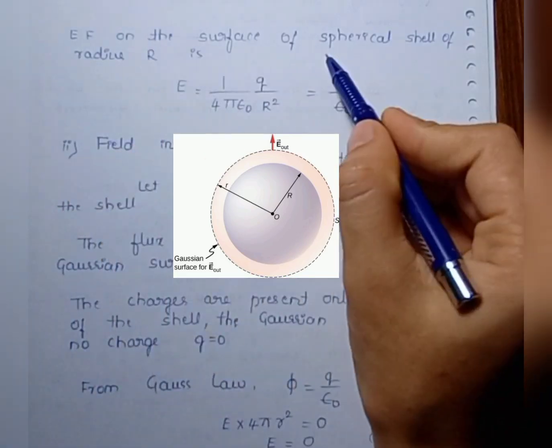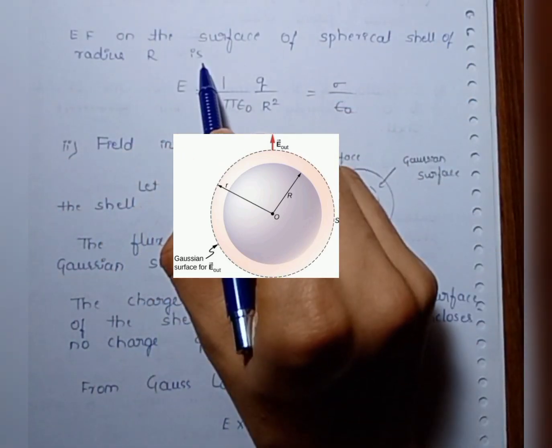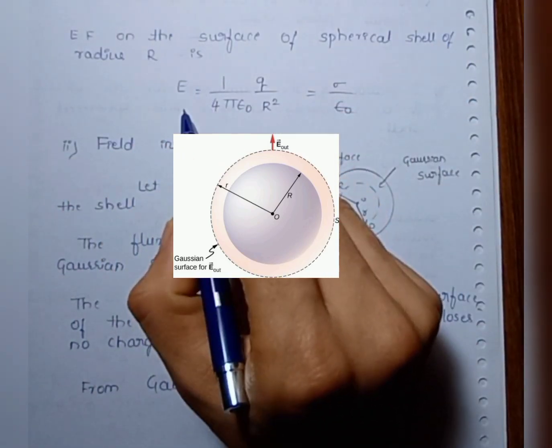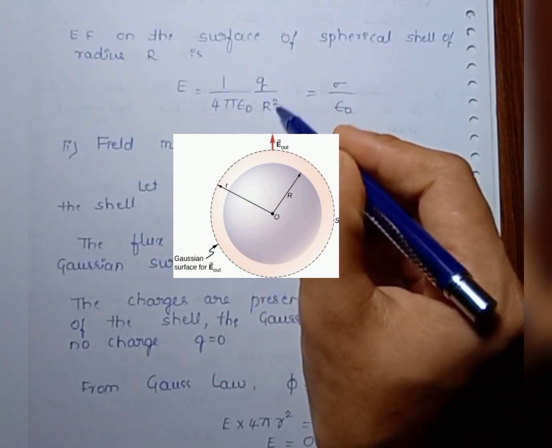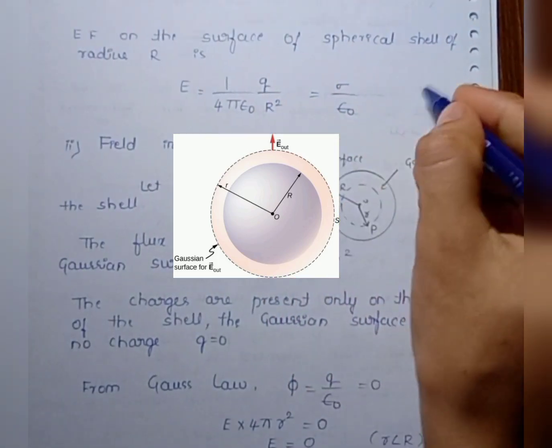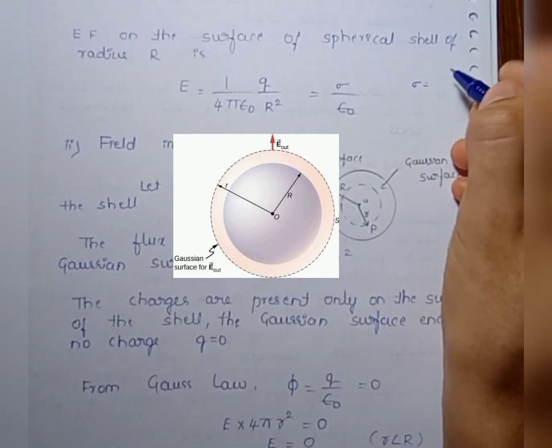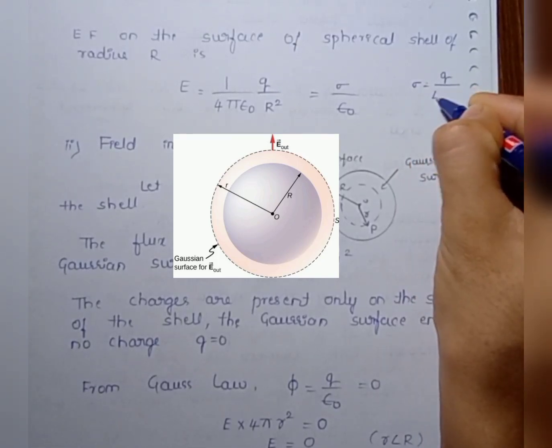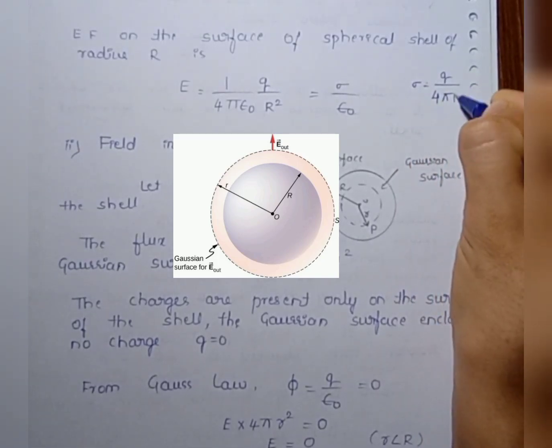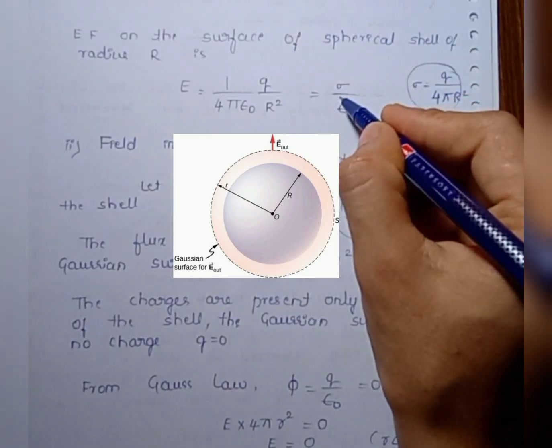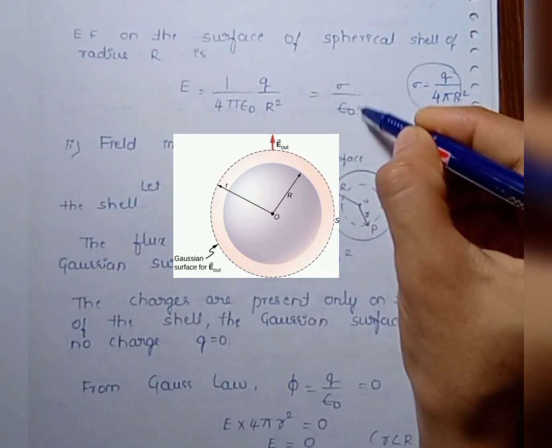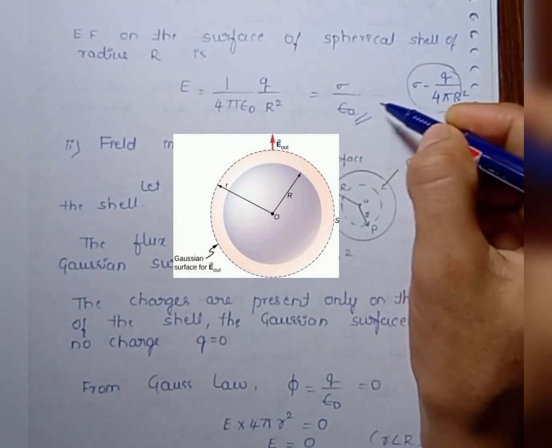The electric field on the surface of the spherical shell of radius r can be written as E is equal to 1 by 4 pi epsilon naught Q divided by r square, and we know sigma is equal to Q divided by 4 pi r square. If we substitute that value in this, what we will get finally is E is equal to sigma divided by epsilon naught.